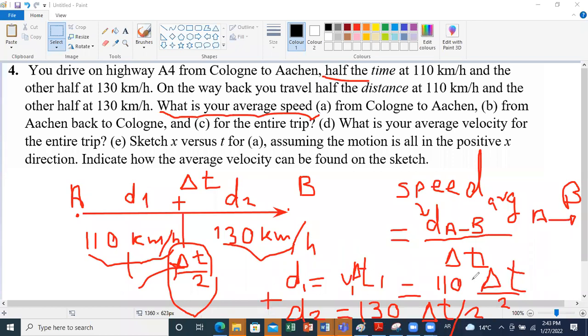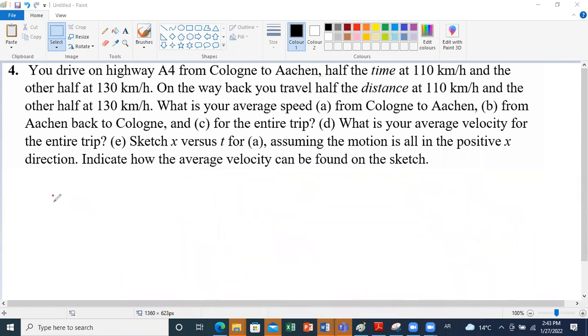So if you sum these two, delta t over 2 can be taken as a common factor. So you will get that the total distance traveled, by taking delta t over 2 as a factor, is equal to delta t over 2 times 110 plus 130.